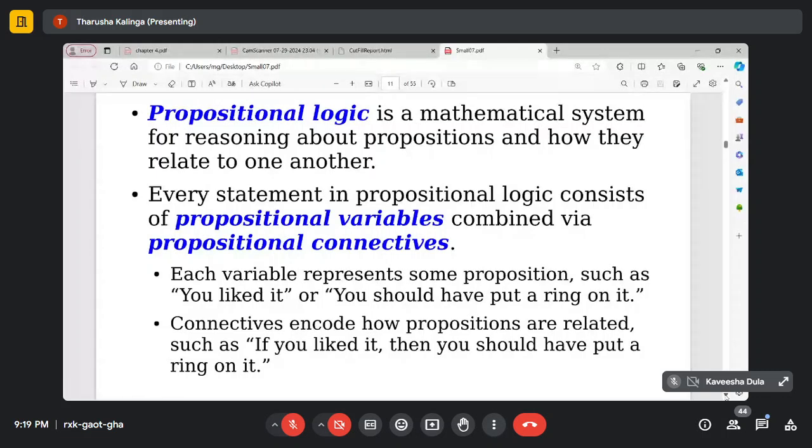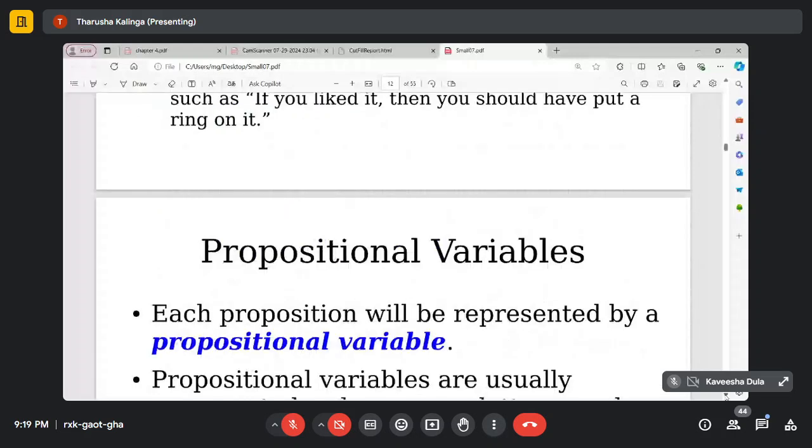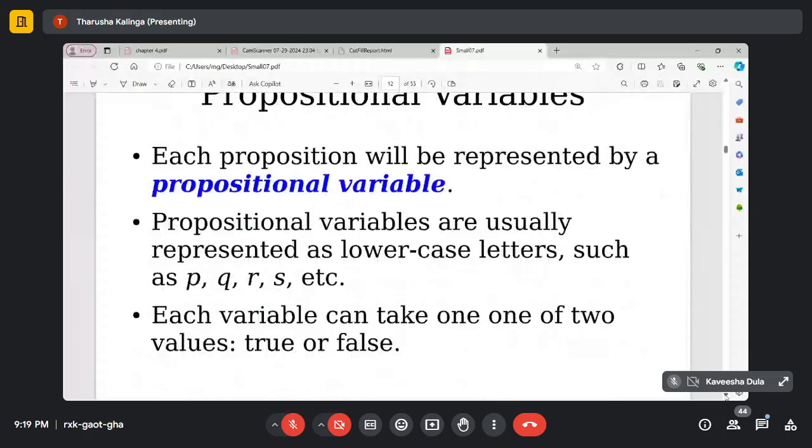Just like the operators in mathematics, in propositional calculus there are connectives. Each variable has its own meaning, and at the same time we are going to see how each of these are connected. Here is the rule: all propositions or propositional variables should be written in lowercase letters.